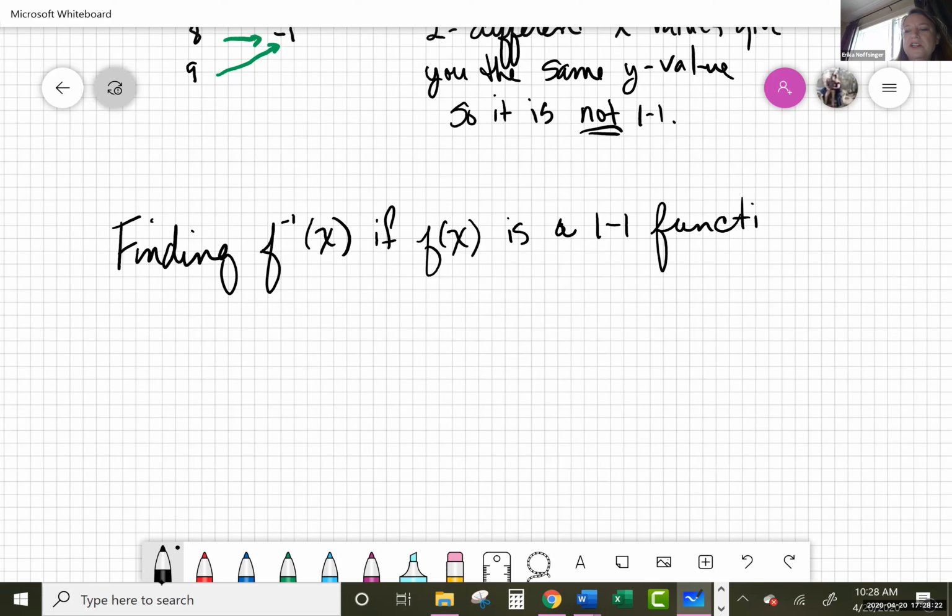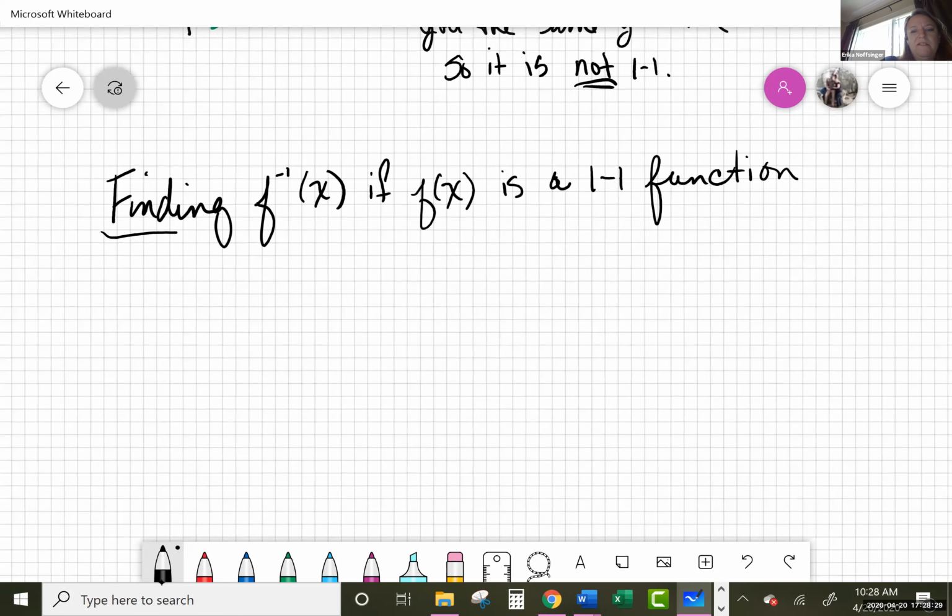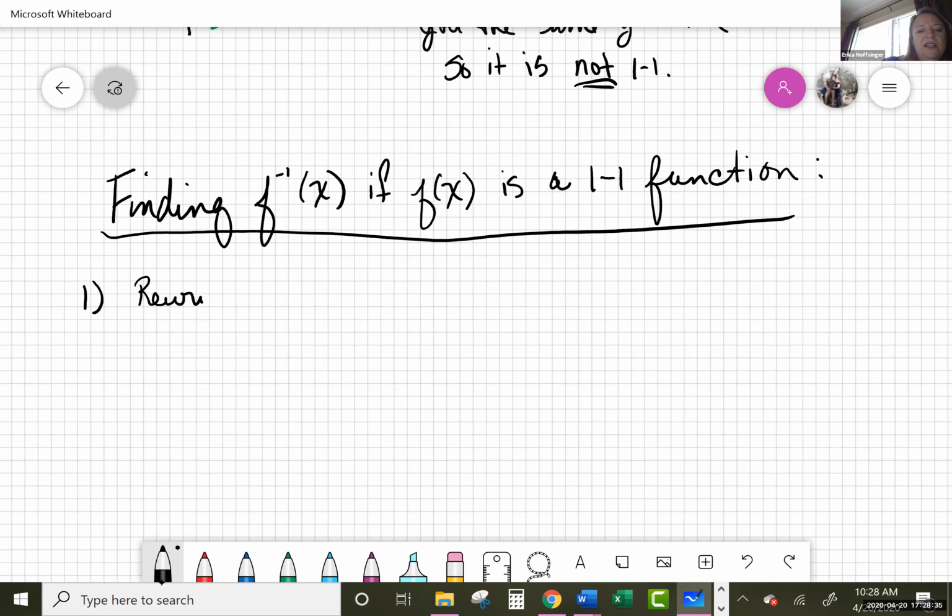Okay, so the directions: if you have a one-to-one function, then to find its inverse, these are the following steps. I tend to like to rewrite it.